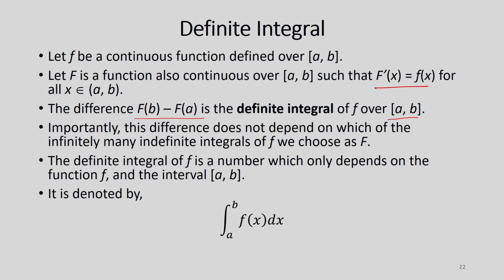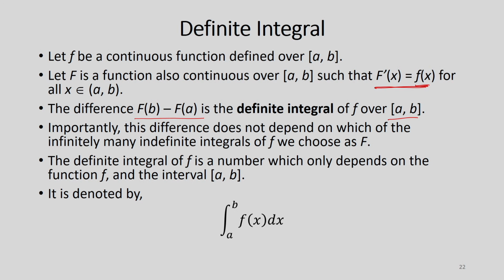Importantly, this difference does not depend on which of the infinitely many indefinite integrals of small f we choose as capital F. The point being made is this: since we know capital F prime x is equal to small f x, one can take the indefinite integral of small f x, and that will give me capital F x plus capital C, where C is the constant of integration.